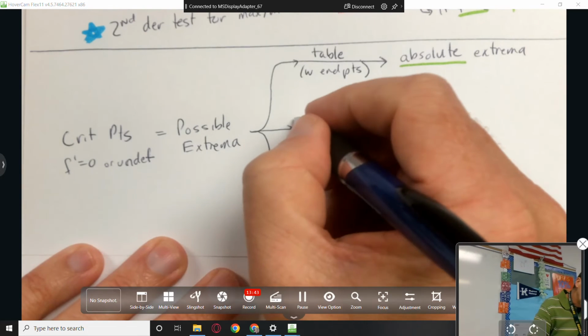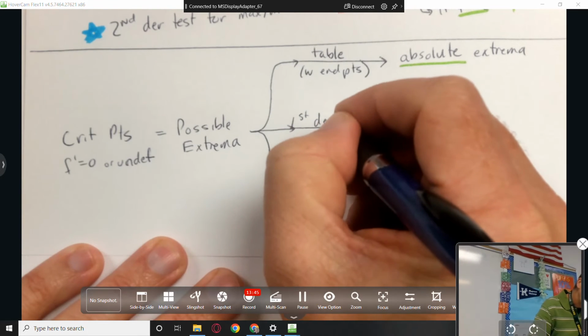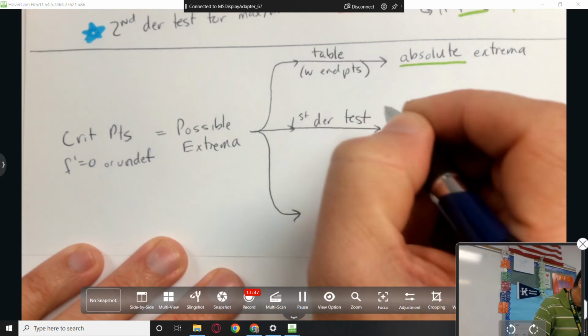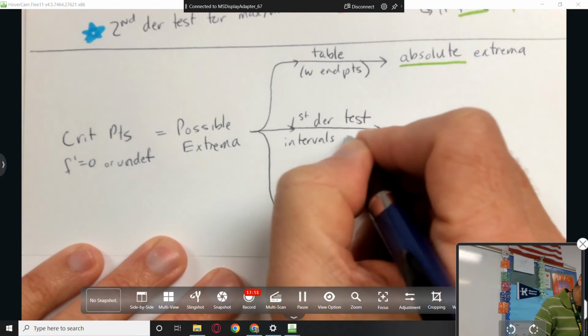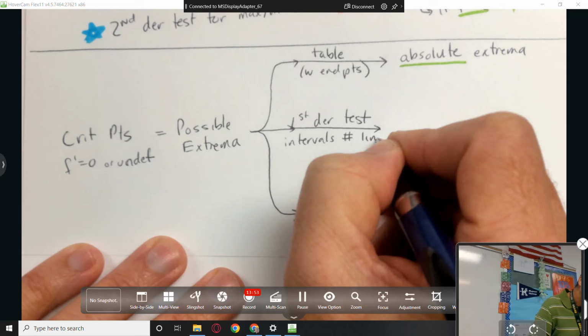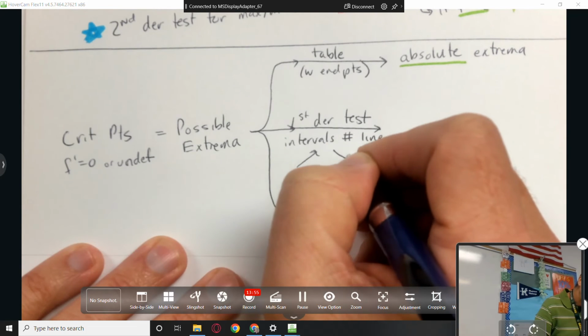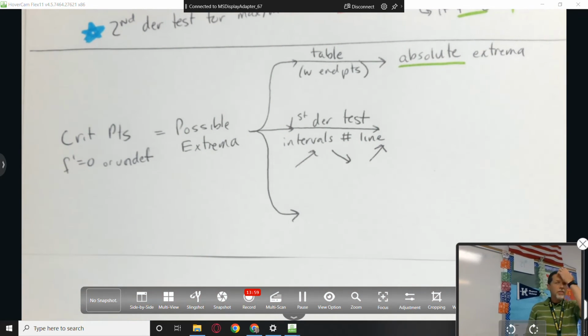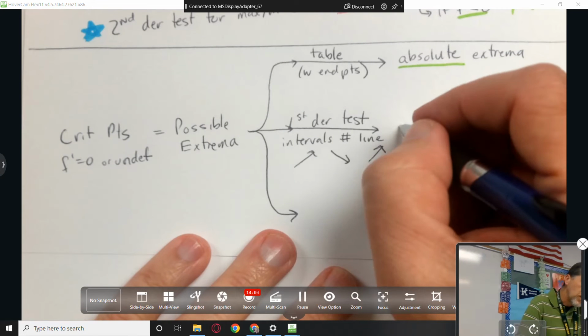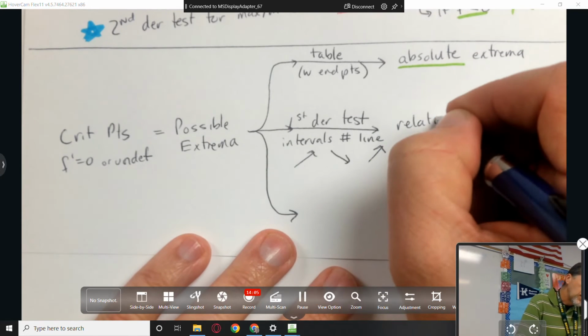You could do the first derivative test. That's intervals on a number line. So you're looking for increasing and decreasing. That doesn't tell you overall max and min. That tells you relative extrema.